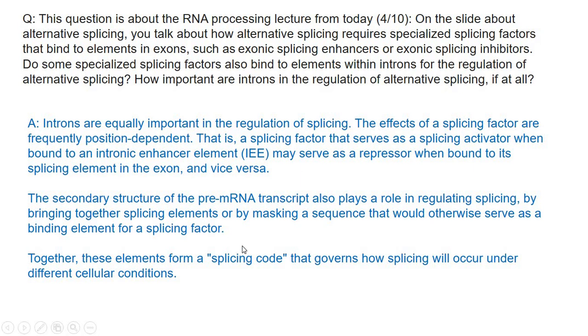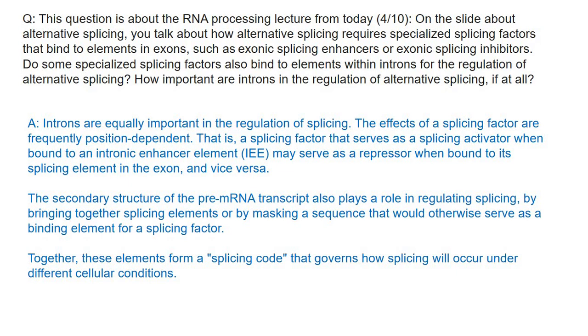Okay. The secondary structure of the pre-mRNA transcript also plays a big role in regulating splicing, because remember, RNA is a single-stranded molecule, but it frequently folds over onto itself to make secondary structures. Those secondary structures depend on how complementary the sequence is.